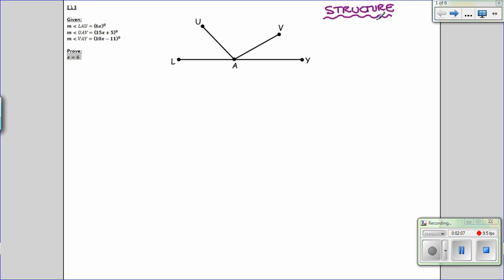Once you have established a structure, from the structure you're going to try to extract one or two things. One being a possible relationship. In other words, now that you have this structure, this picture, what can I tell from it? How are the pieces of this picture playing together?